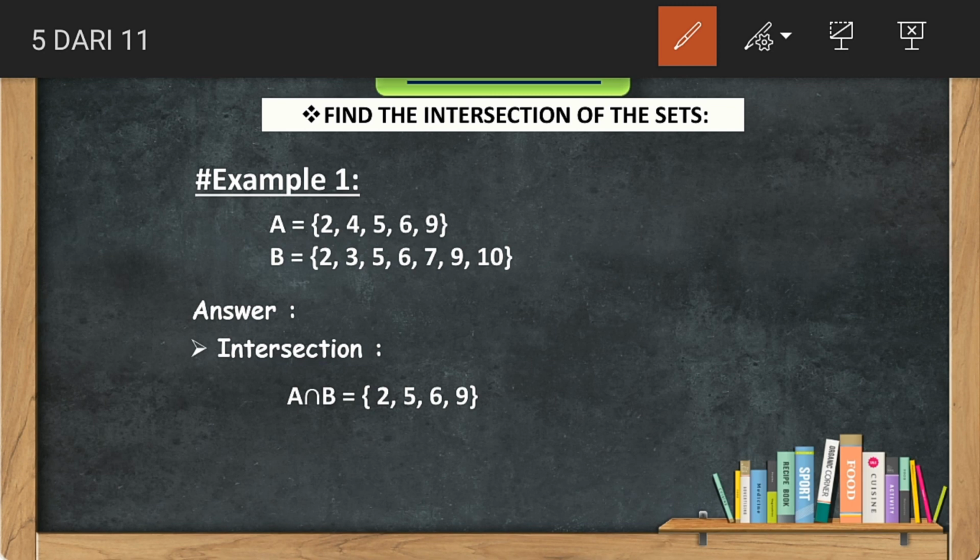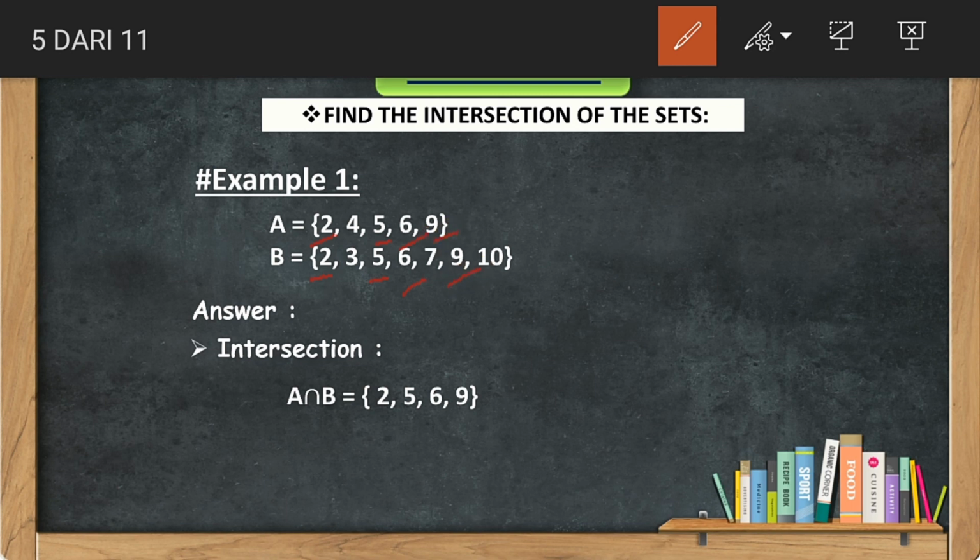To find the intersection, we need to find out which elements are common to both sets. So both sets contain 2, 5, 6, and also 9.